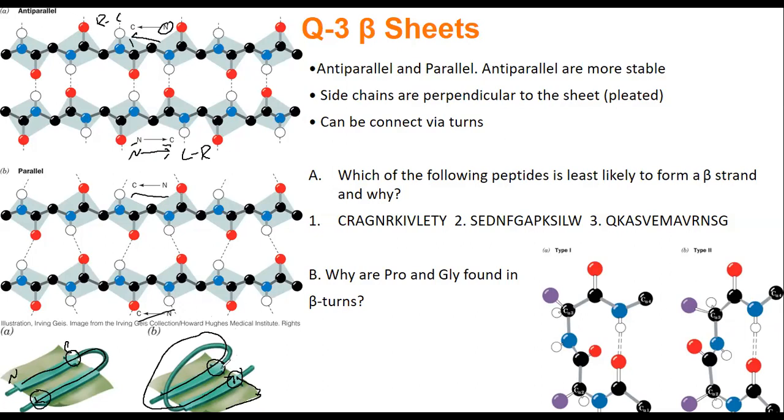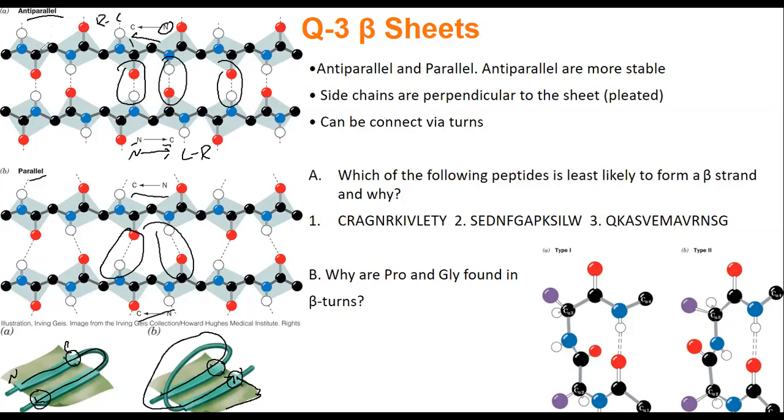Now, when we talk about stability, anti-parallel beta sheets are more stable because their hydrogen bonds are at a 180-degree angle. Compare that with parallel, where the hydrogen bonds are at an angle, so they're less stable. So when we look at proteins in nature, we're more likely to find anti-parallel beta sheets than parallel, because anti-parallel are more energetically favorable.